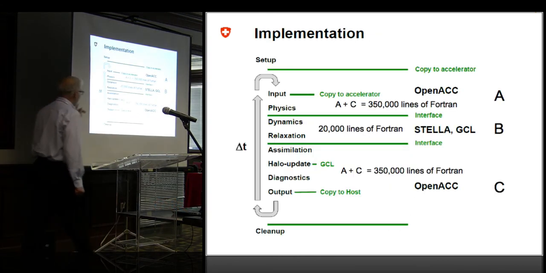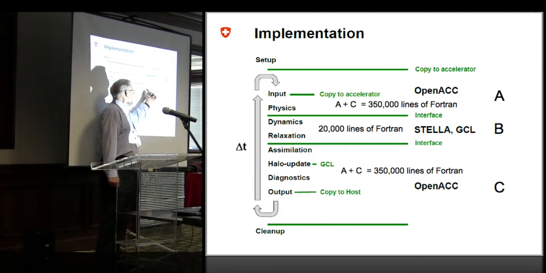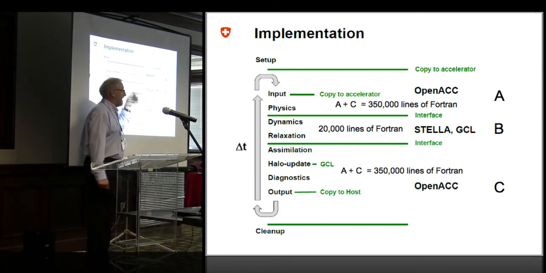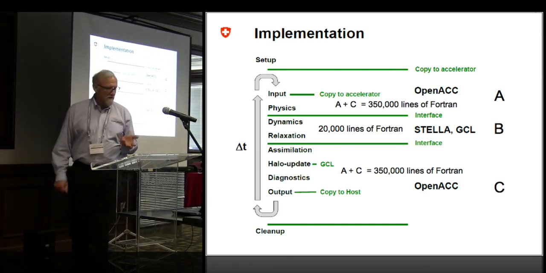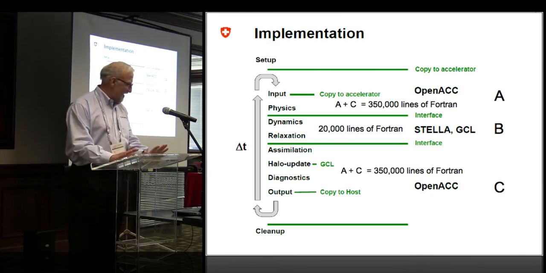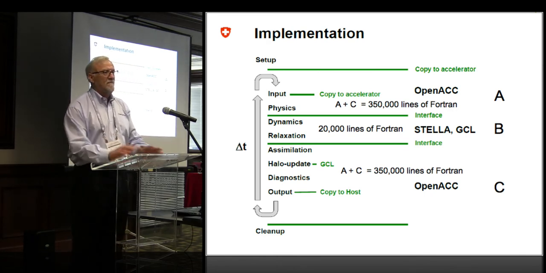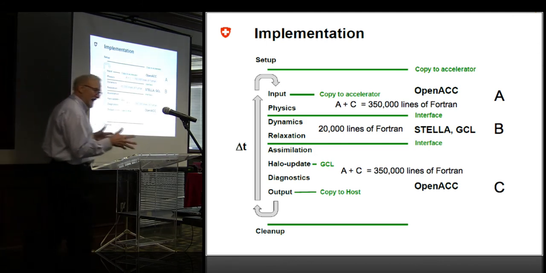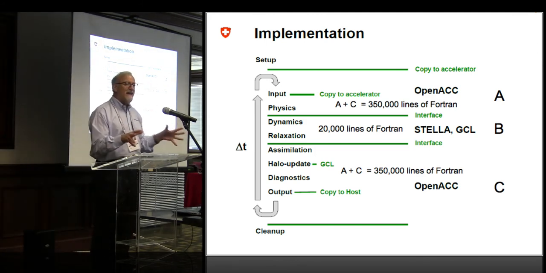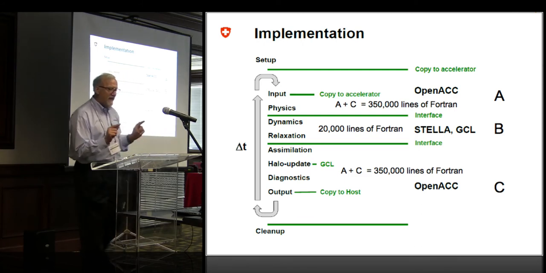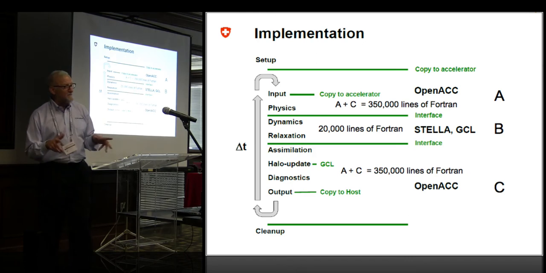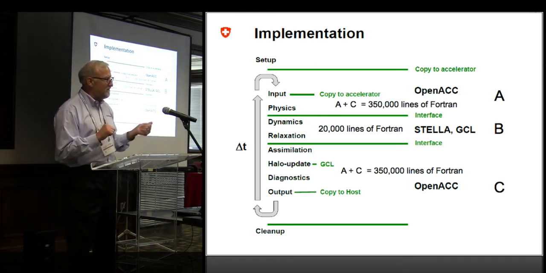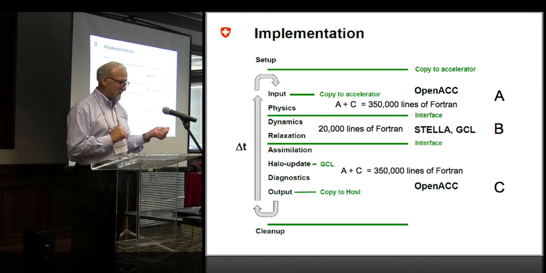Basically, the stencil computation in the dynamical core was done with a DSL. Down at the bottom, it's all very highly optimized CUDA, and very highly optimized packing and unpacking of buffers.